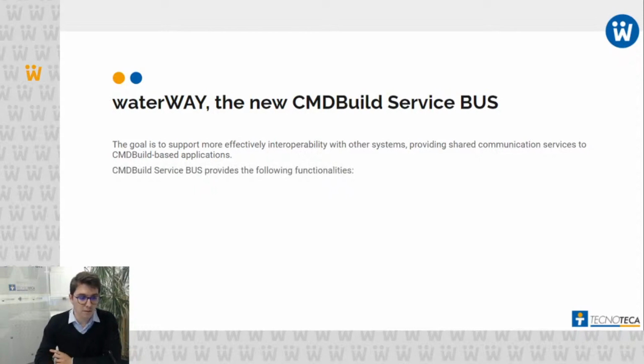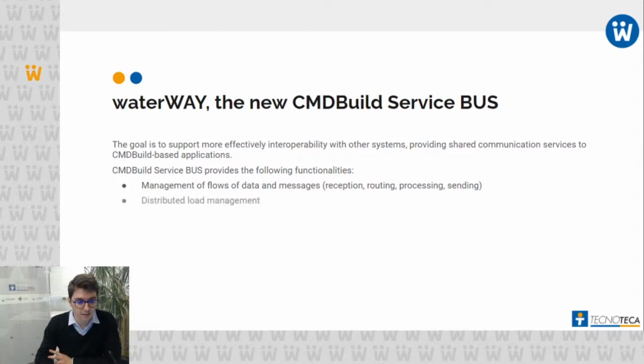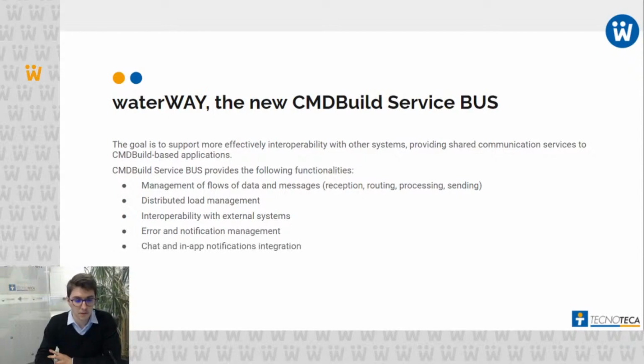The new CMDBuild service bus provides the following functionalities: the management of flows of data and messages, reception, routing, processing, and sending, distributed load management, the interoperability with external systems, error and notification management, and chat and in-app notification integration.